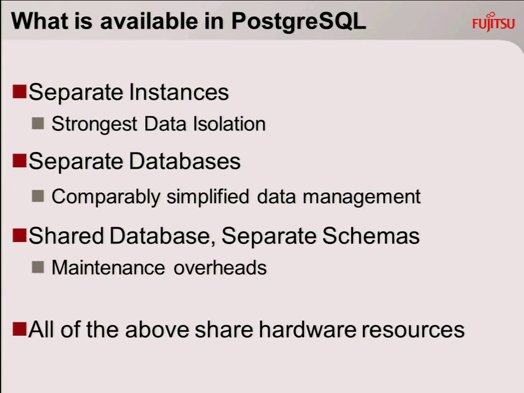Once you connect to a particular instance, you have no visibility of what is available in the other instance. Fairly straightforward. You can already do that. Then we also have separate databases. Again, from a data point of view, once you connect to a database, you don't see other databases pretty much. Well, you can see, but you cannot cross-link. And it's simplified data management.